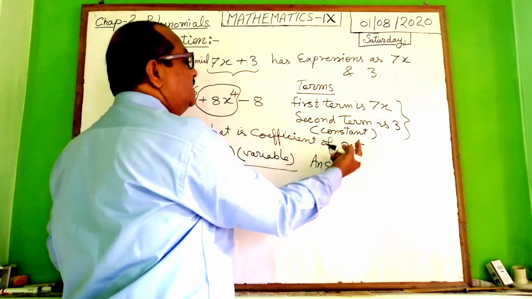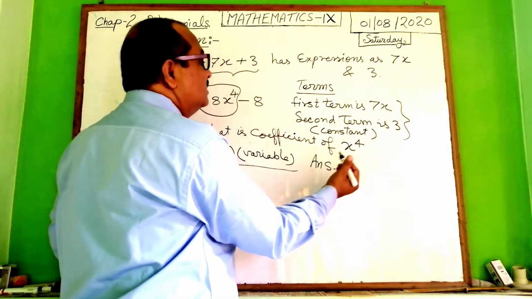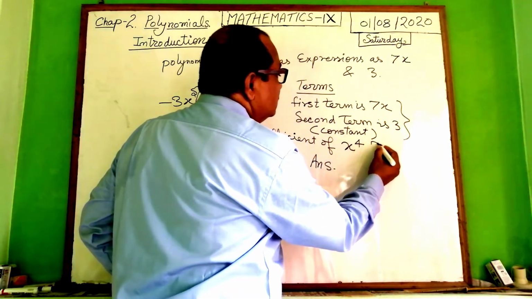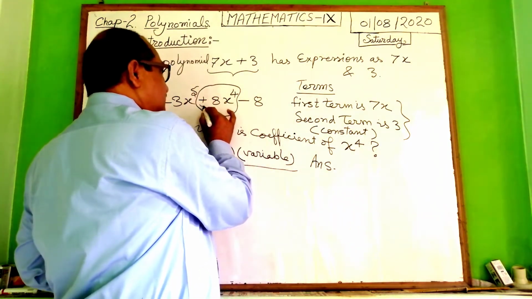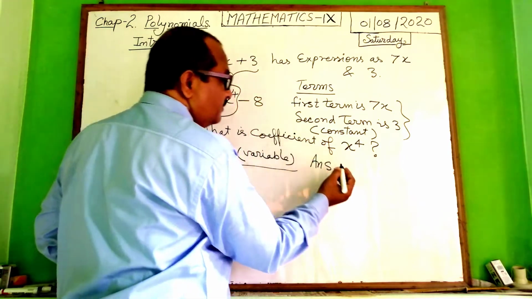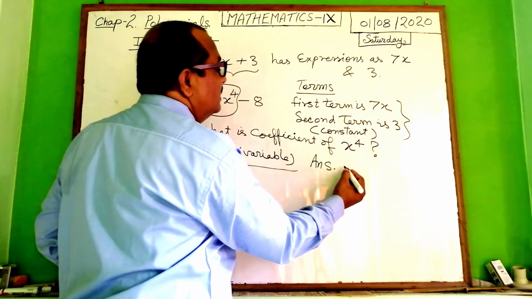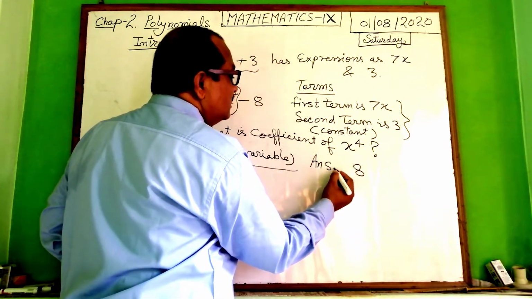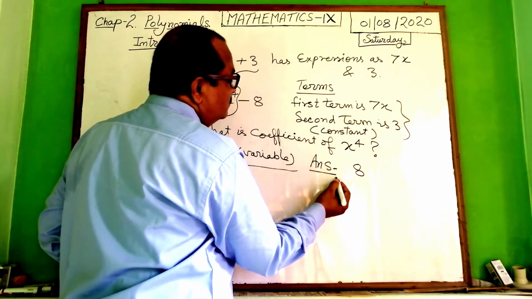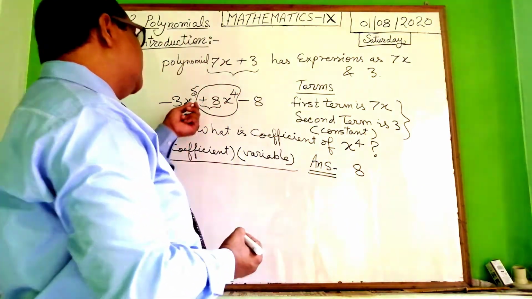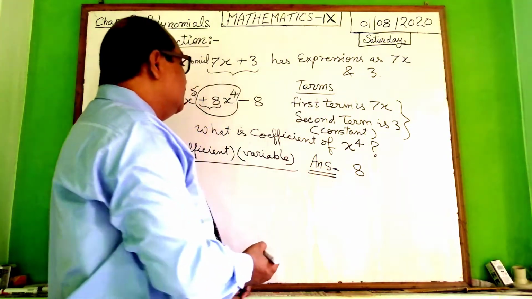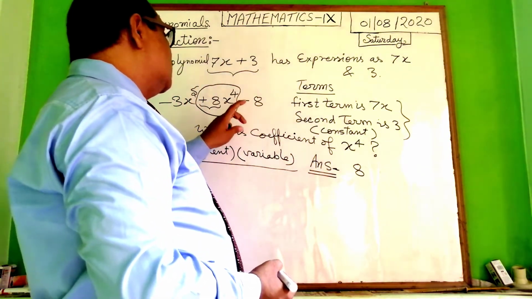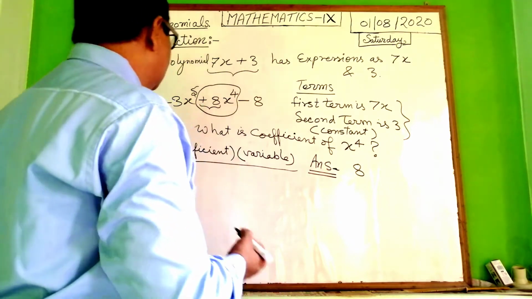So here you can write your answer to this question. What is the coefficient of x to the power 4? You can identify from the polynomial, that is 8. If you want to write plus, you can write it, but it is meaningless. If minus is written, then it is compulsory.